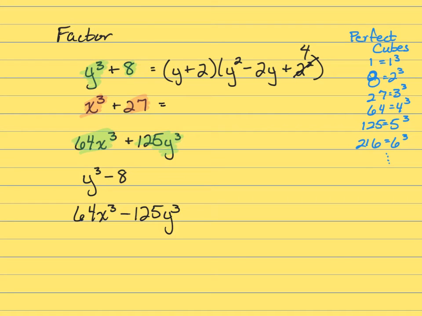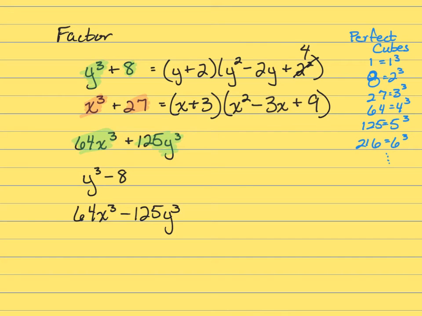All right, let's try this again with our second one. So we say, okay, x cubed is an x being cubed, so we put the x there. And 27 is a 3 being cubed. So it's going to be x plus 3. And then you have an x squared. I like to do it like this: I do an x squared, and then at the end, I do a 3 squared, or a 9. So it's going to be x squared minus 3x plus 9.